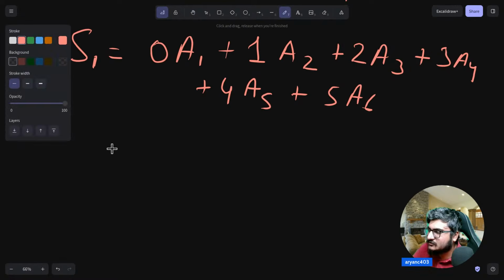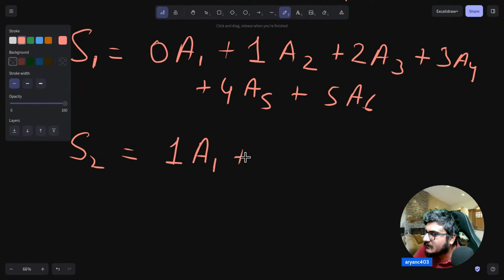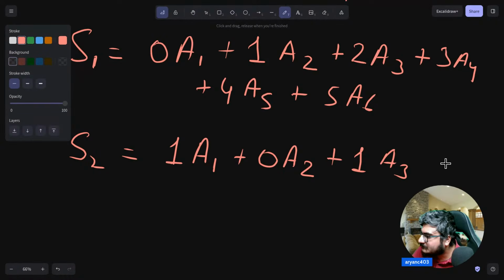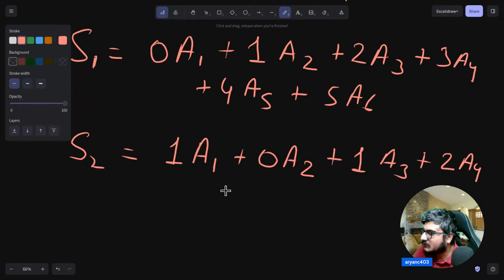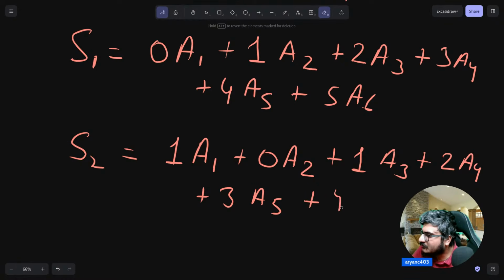Now let's also write what S2 would be. If you plug in the formulas from the problem statement, it would be like this: 1 into a1 plus 0 into a2 plus 1 into a3 plus 2 into a4 plus 3 into a5 plus 4 into a6.